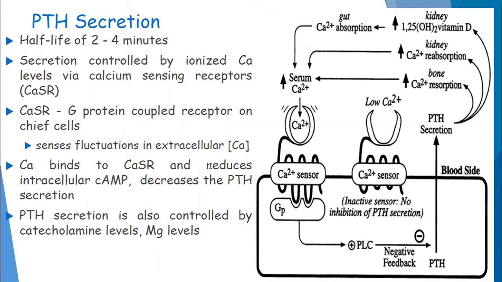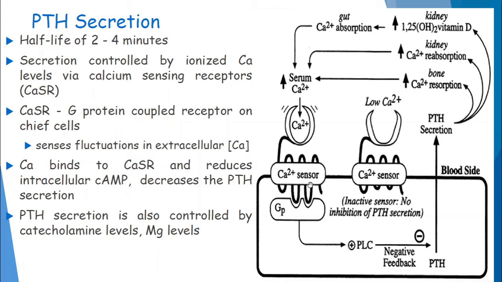These fluctuations cause a conformational change in the receptor, causing its activation or inactivation. Calcium binds to the CaSR and reduces the intracellular cyclic AMP by inhibiting adenylate cyclase. So it's a Gi receptor, and in the process it decreases the parathyroid hormone secretion. The parathyroid hormone secretion is also controlled by catecholamine levels and magnesium levels.